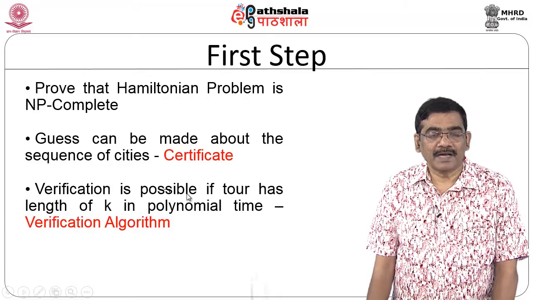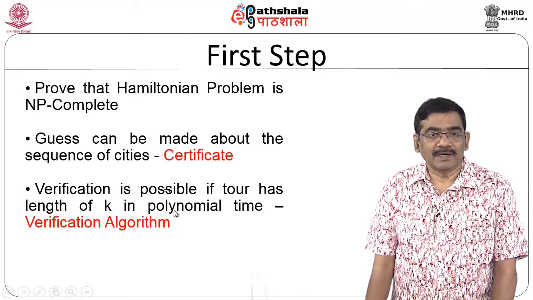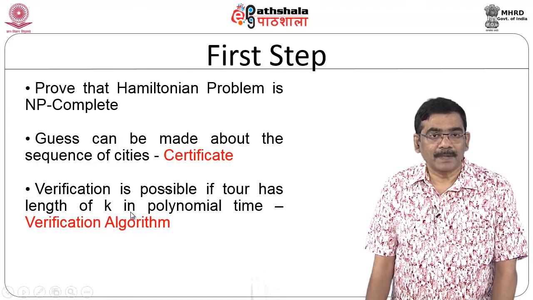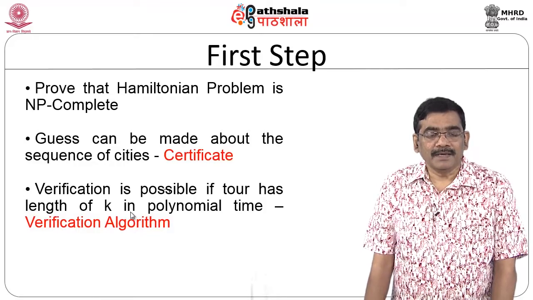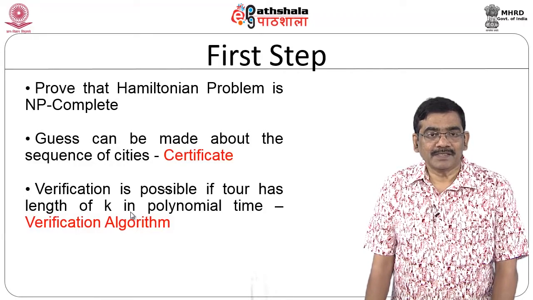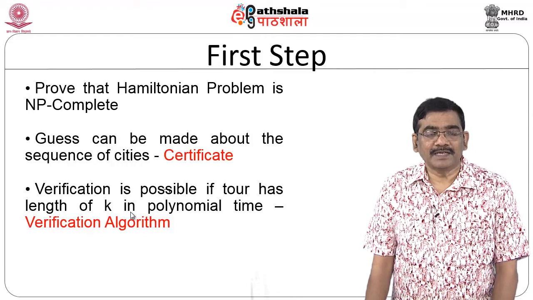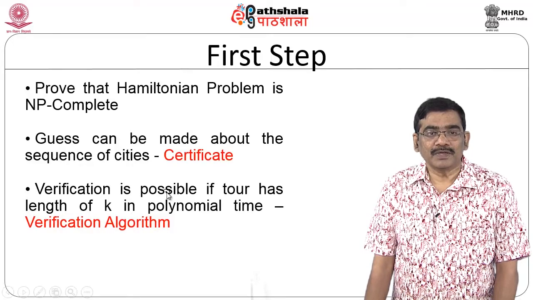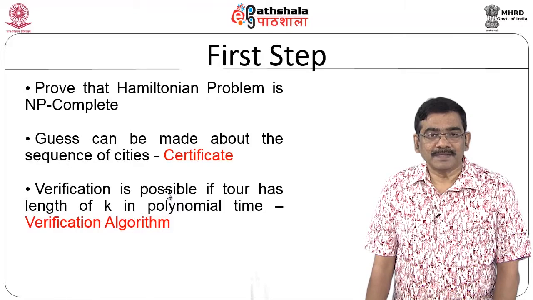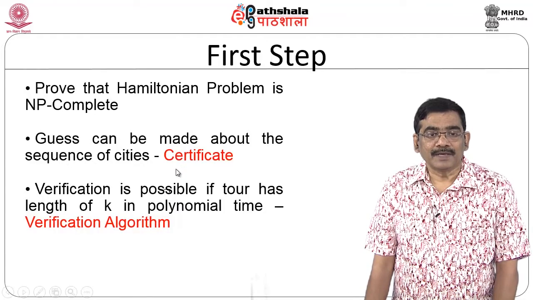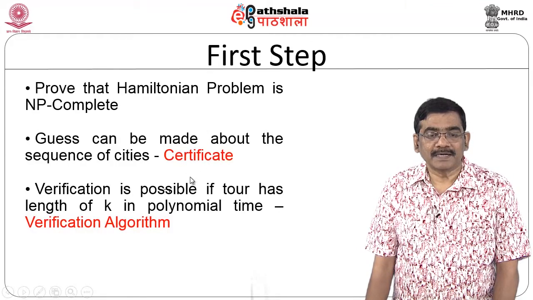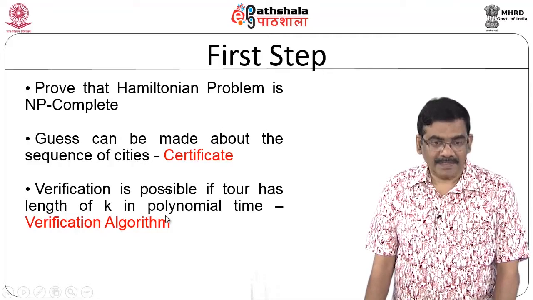And we check whether the tour has the length of k in polynomial time or not. This is called the verification algorithm. It is quite easy, given a sequence, to check whether it is possible or not. Therefore, the verification algorithm also exists. So, the first step is proving that the traveling salesman problem is NP hard, because it is tough, and it is NP complete because it has got a certificate as well as the verification algorithm.